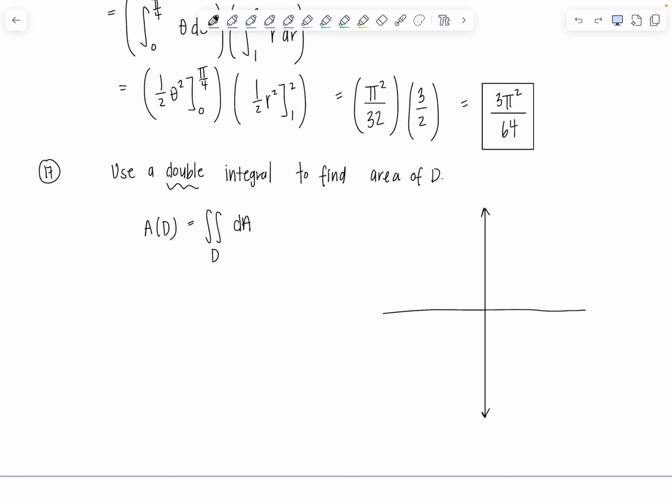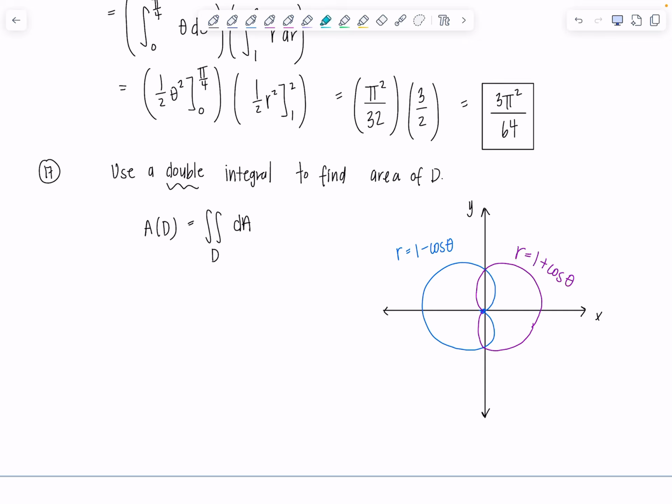So it's 2 cardioids. And they told us this one is r equals 1 minus cosine theta. And then here, this is r equals 1 plus cosine theta.